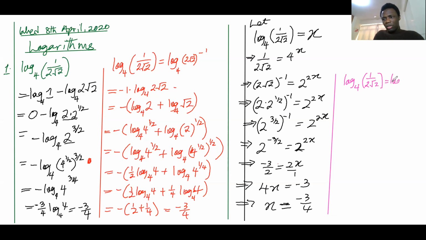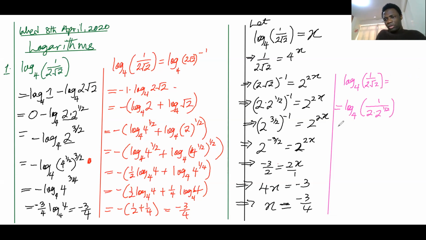So I will say log 4, 1/2. Log to base 4, 2 to the power half 1.